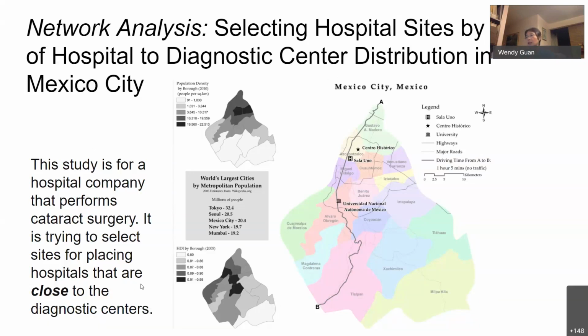You cannot do a straight line distance. What if there's a river in between, right? Close is not by straight line distance, but by connectivity through transportation routes. So you can do your distance calculation by distance along passage, right? Driving distance, walking distance, or any other public transit distance.